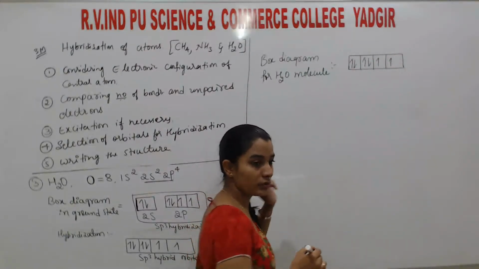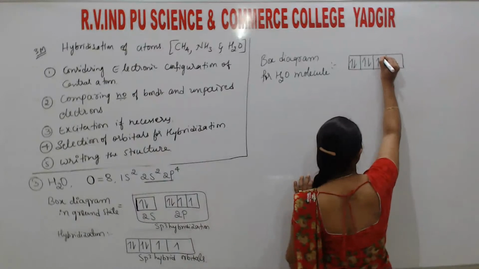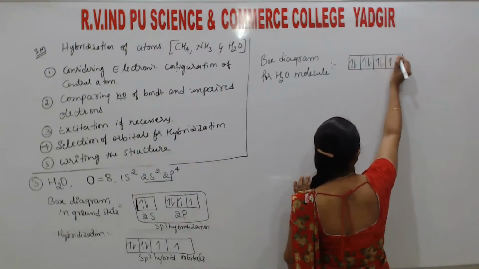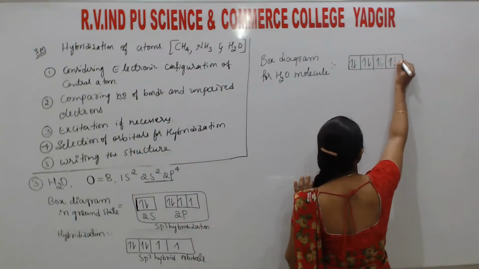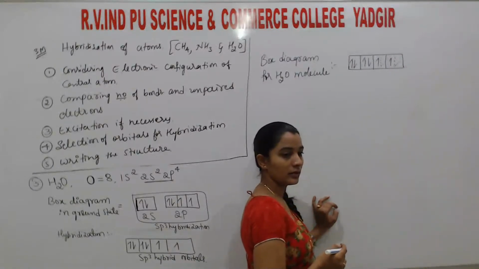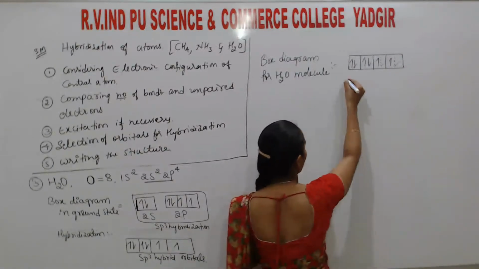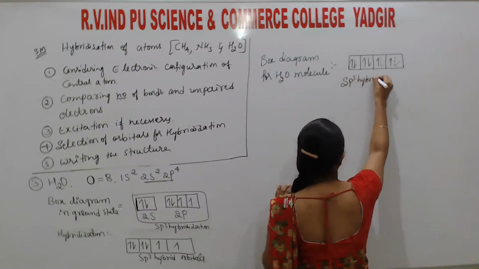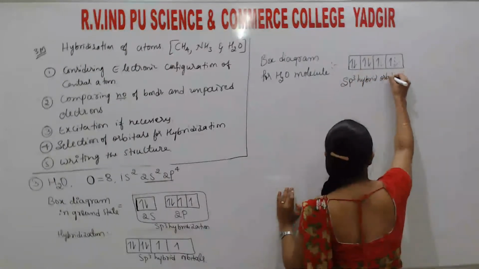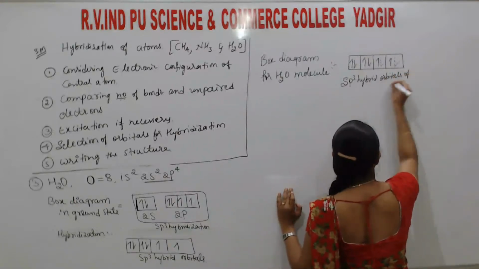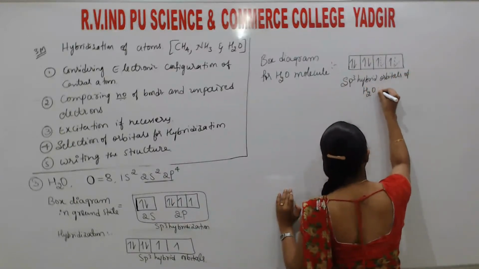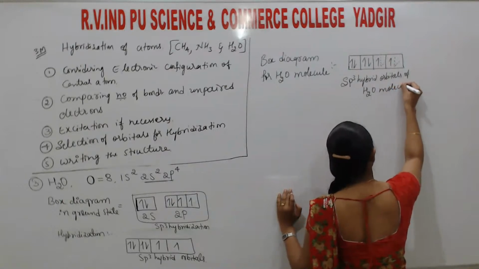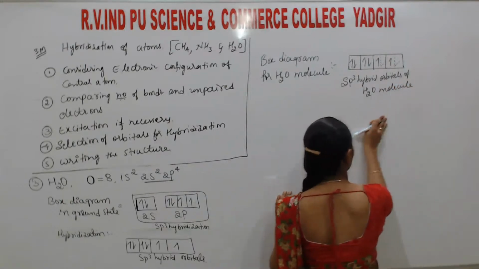Students, take this: where the singly filled electrons are there, the electrons of hydrogen are bonded. These are the sp3 hybrid orbitals of the H2O molecule.